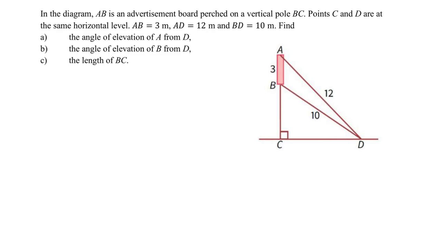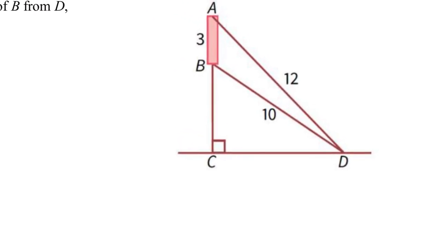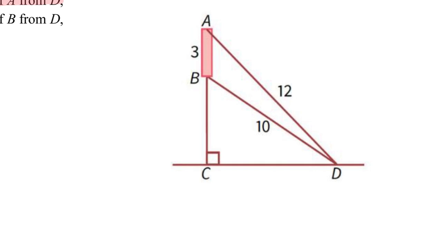So this angle of elevation of A from D would be this particular angle here from D. I'm going to just highlight it here. It is the same as angle ADC.